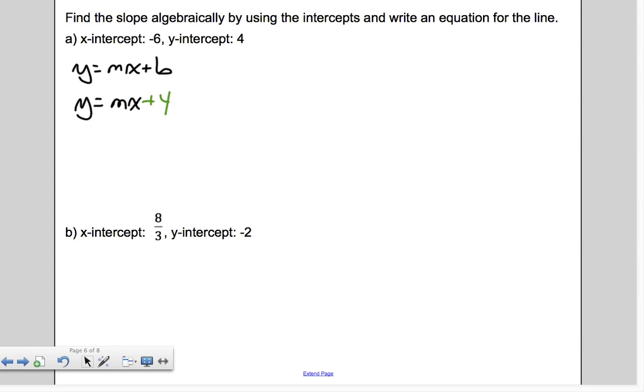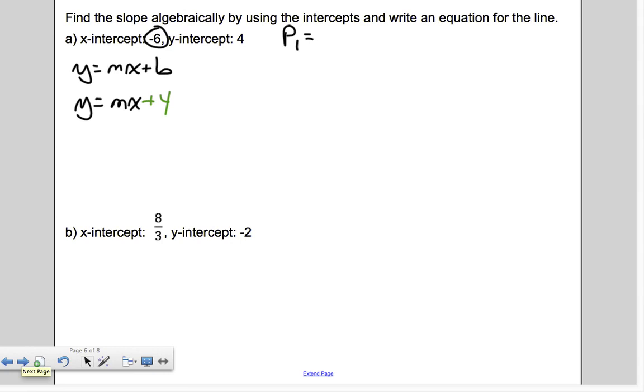How can we find the slope to begin with? Treat the x-intercept as a point, negative 6 comma 0. Yeah. We have 2 points. I didn't give you the point format, but let's write it in point format. So point 1 is just take an x-intercept of negative 6.